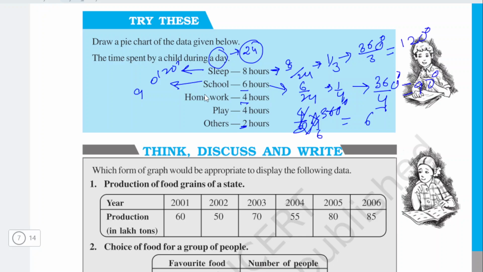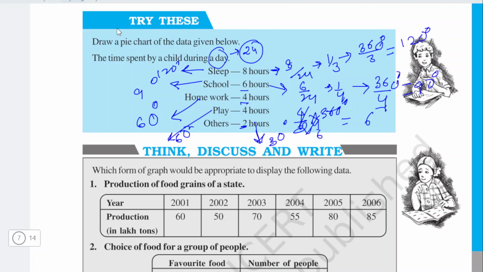So for homework you are getting 60 degree. For play 4 hours same, you will get 60 degree. Okay, and for others 2 hours, so it will be half of 60 degree, that will be 30 degrees.